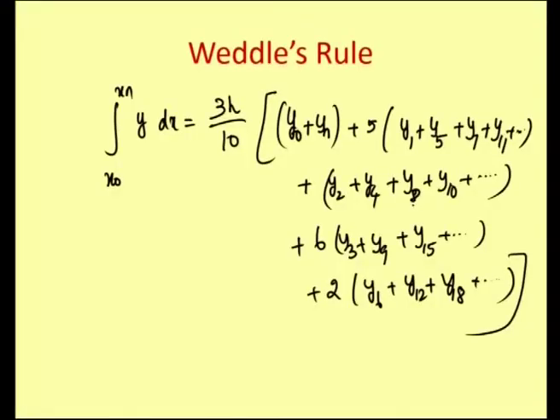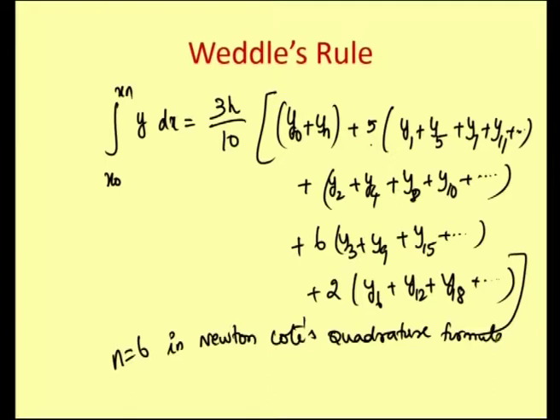Afterwards, taking all the even numbers except the multiples of 6, since those have already been accounted, plus 5 times the remaining items, gives you Weddle's rule. And relating it with the Newton-Cotes formula, when we substitute n equal to 6 in the Newton-Cotes quadrature formula, we obtain Weddle's rule.